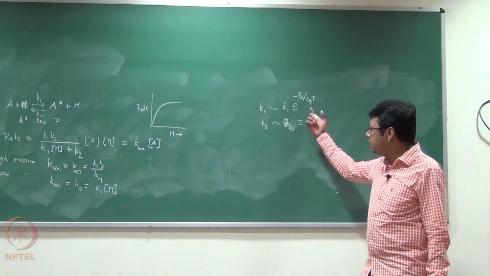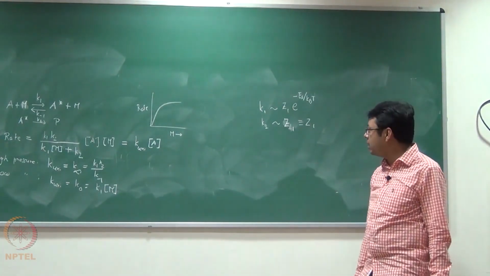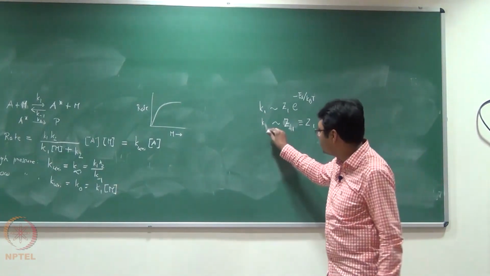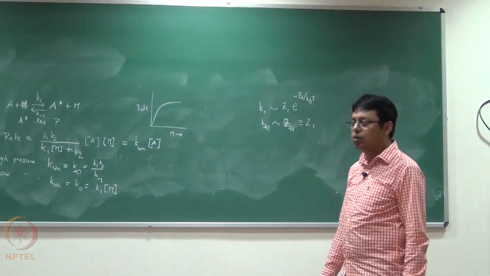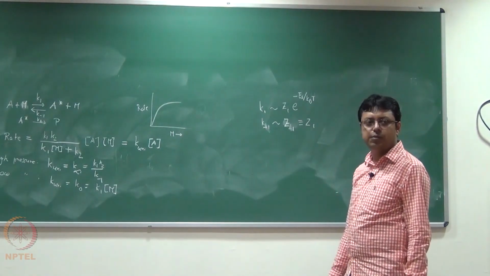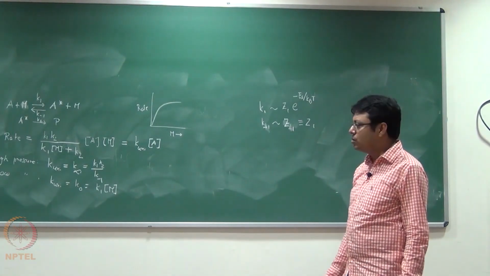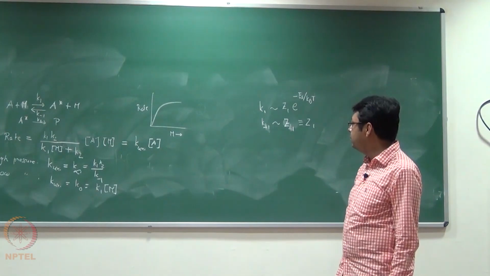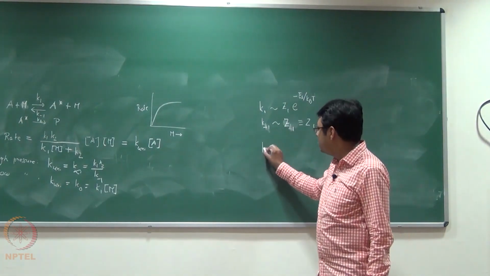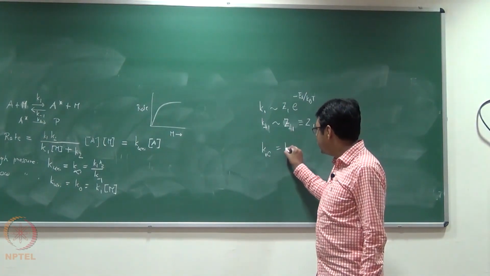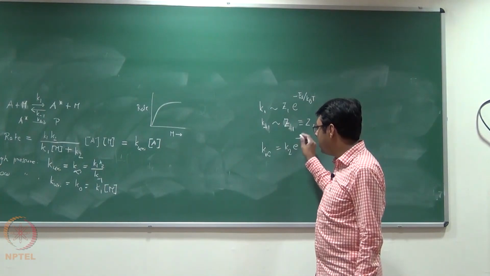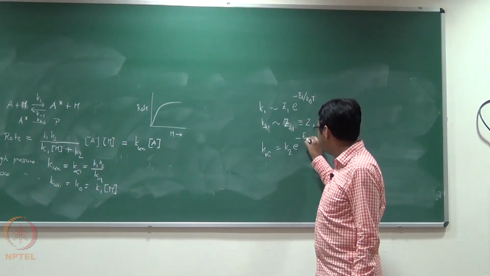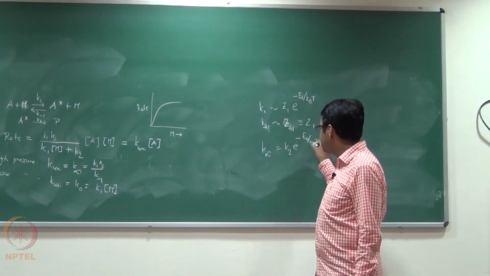And if you take the ratio K1 by K minus 1, sorry, this should be K minus 1, you'll get basically a Boltzmann factor. So the rate is nothing but K2 into the high pressure limit. So this K infinity is nothing but K2 into e to the power minus E0 by kT, which is not correct.